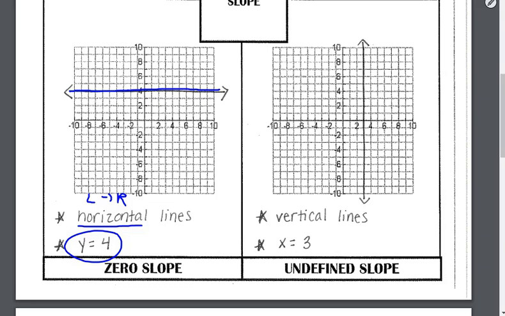And then for vertical lines, so straight up and down lines, they have an undefined slope. So it's for vertical lines. So vertical lines are straight up and down. And they're the x equals lines. Just a little refresher there on our special case lines. Those have zero slope or undefined slope.